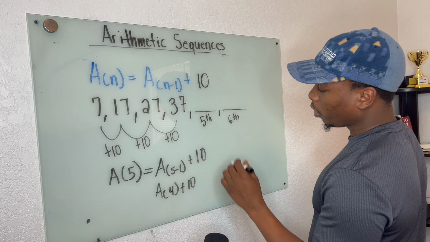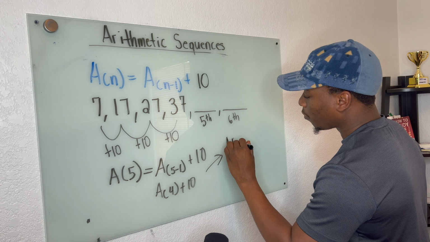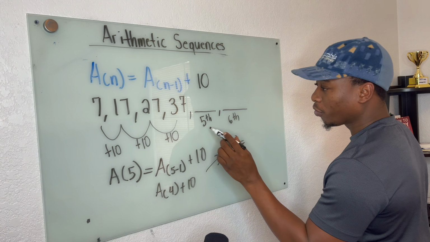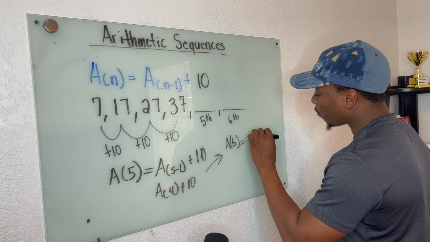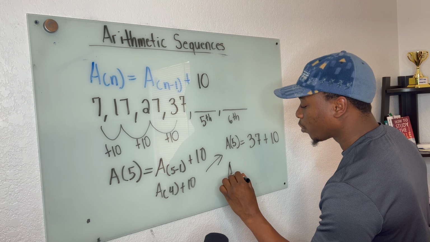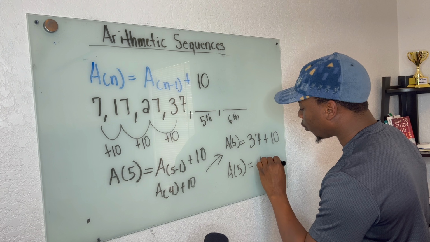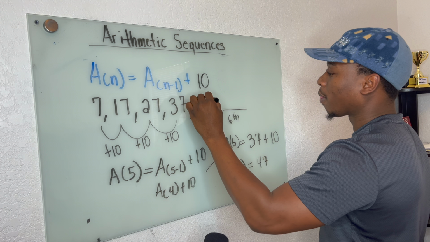When we look up here, let's draw an arrow. A of 5 is going to be equal to the fourth term, which is 37, plus 10. So my fifth term in this sequence would be 47.